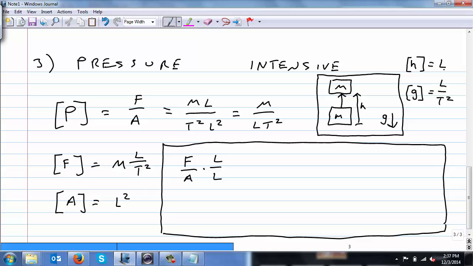Just length. Very easy. So I've got mass times gravity times h. I've got these three things hanging out: the mass, the height I lifted it, and the gravity. Which two of those can I combine to make a force? The height and the mass? No. Gravity and height? No. Gravity and mass. Yes.